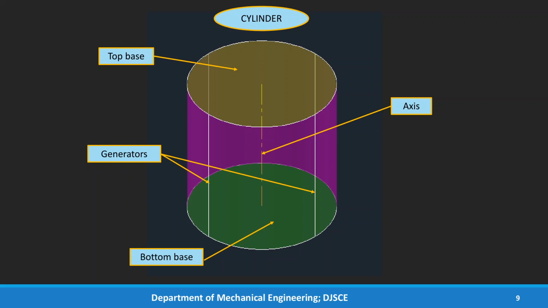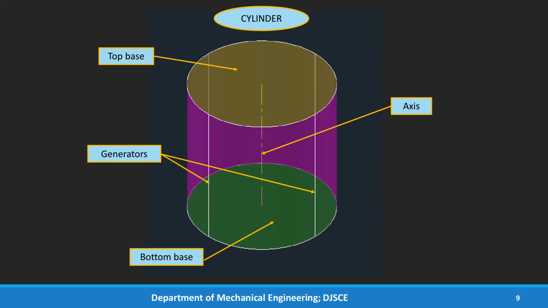Its surface is curved, and there are no real edges on this curved surface, but we are going to draw the generators on this curved surface for construction purpose. So these are not shown as object lines because they are not real edges.